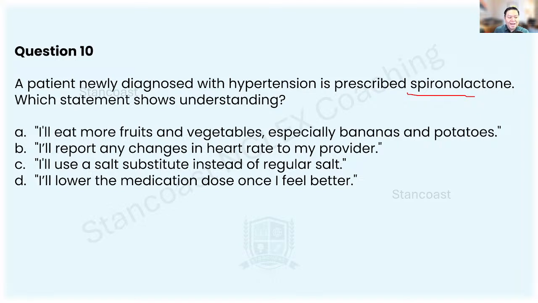And D, I'll lower the medication dose once I feel better. Are you supposed to do that? Or teach the patient? Or is that a good understanding? Guys, please be careful. Which statement shows understanding? And of course, this is about the use of the drug.